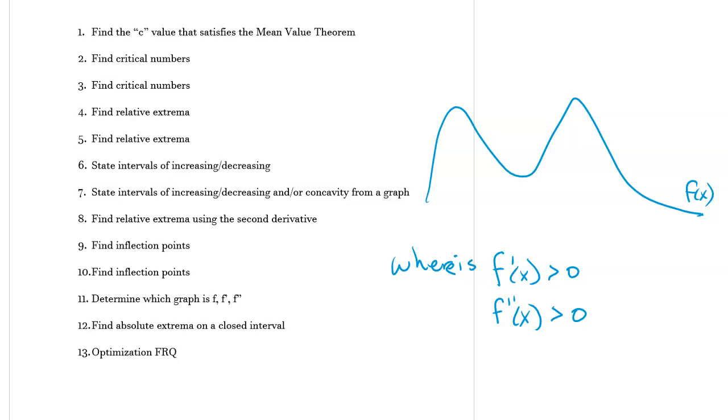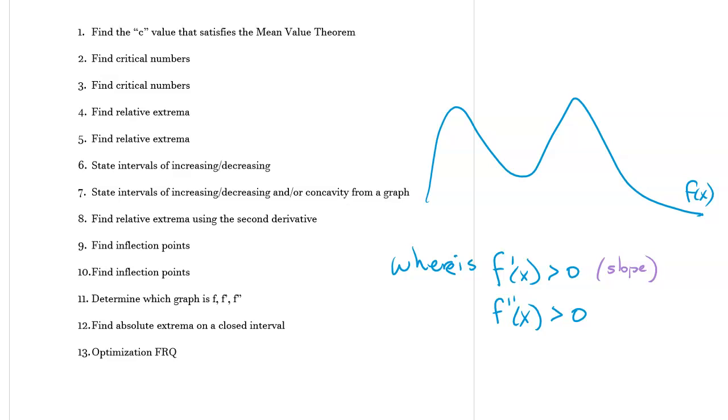Kennedy, how about we go back to you? This question's definitely easier than the other one I gave. Where is f prime greater than 0? Do you remember what f prime represents? So it represents the slope.